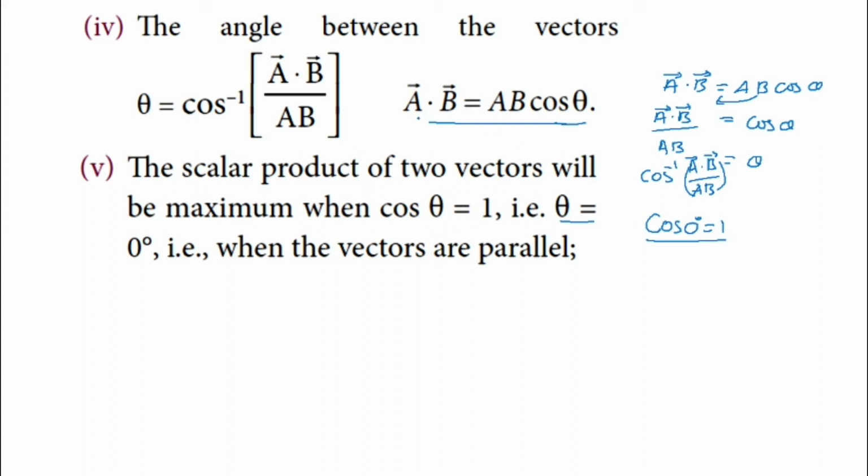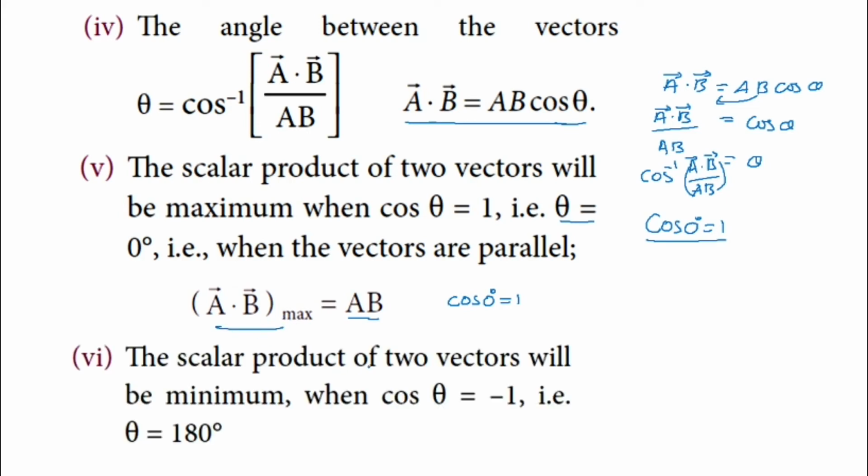So in the product of A vector and B vector, cos 0 goes to 1. So only the product of magnitude of A and magnitude of B gives the maximum of A vector dot B vector.